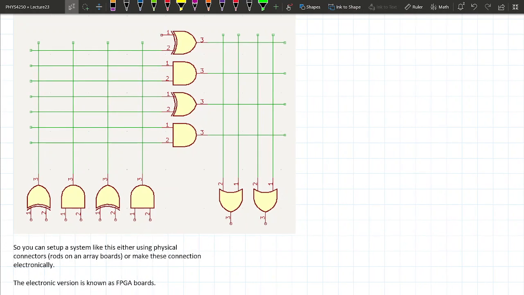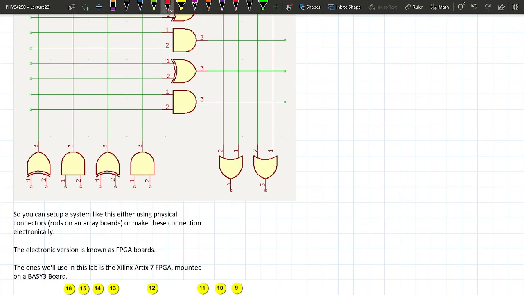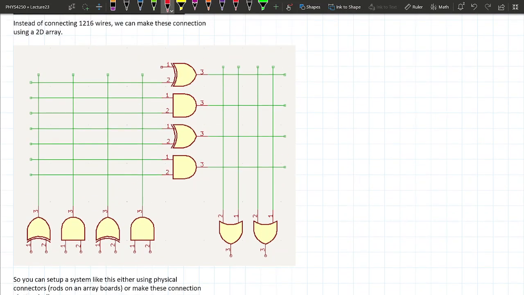So let's see if we can replicate our full adder using this. In fact, we can do a 2-bit full adder here. Remember, we're trying to add two numbers together. Let's make this table here on the right.